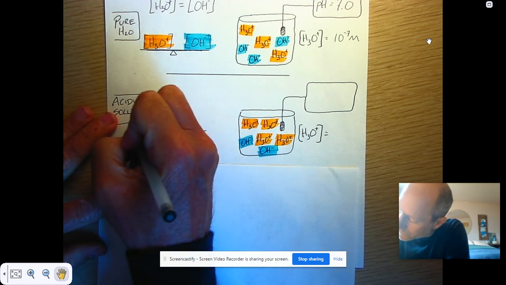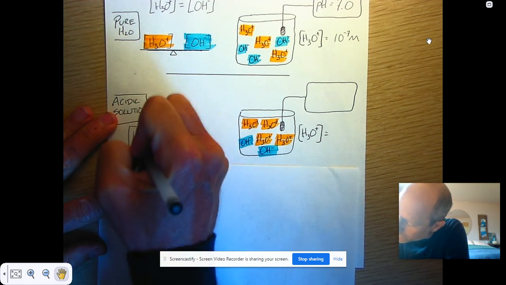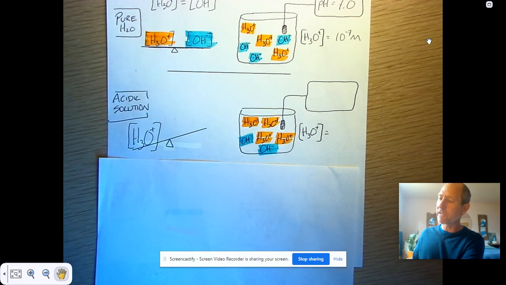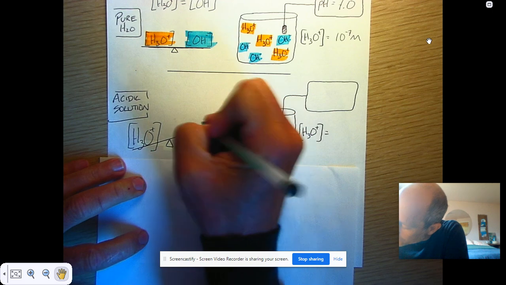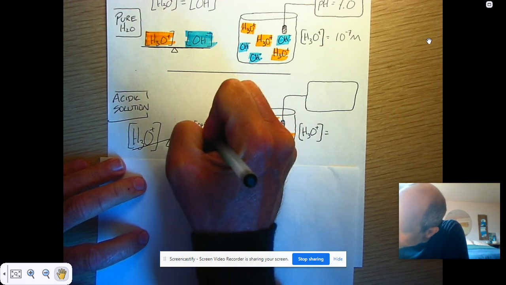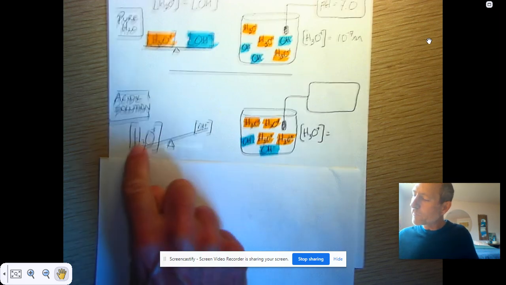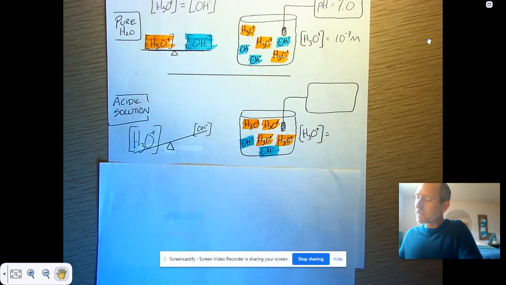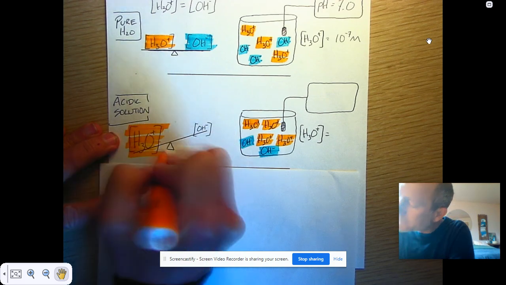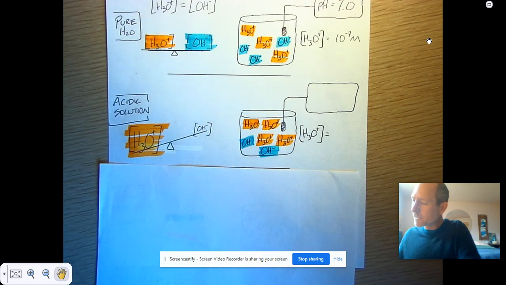What I'm going to do is show we have lots of hydronium by making the concentration of hydronium really big. And I'm going to show that we have a little bit of hydroxide by showing that it's small. So if you put these on a balance, the amount of hydronium would far exceed the amount of hydroxide.